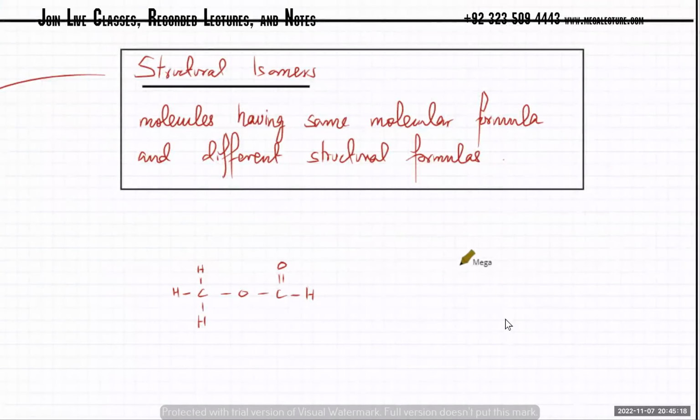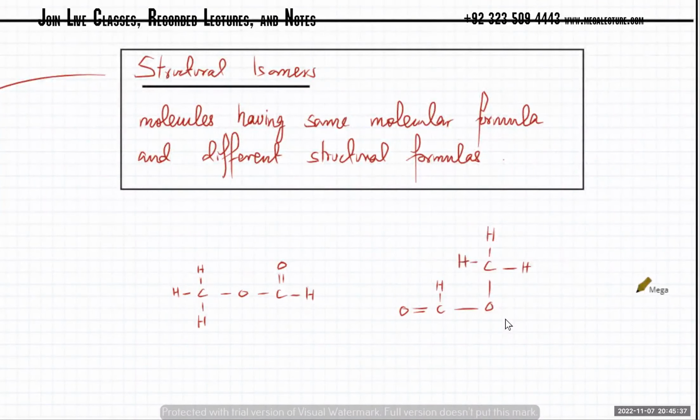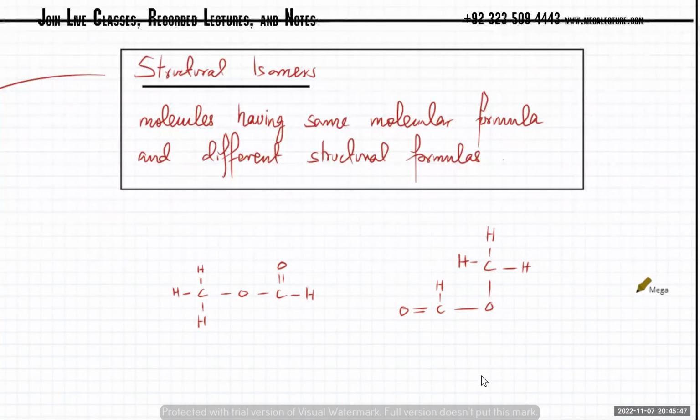Like if I draw it like this, okay, there's an O and there's a C over here with a double bond O, and it's got an H, and you got three H's. Now, if you look at the two molecules, they would apparently look different, but these are exactly the same.